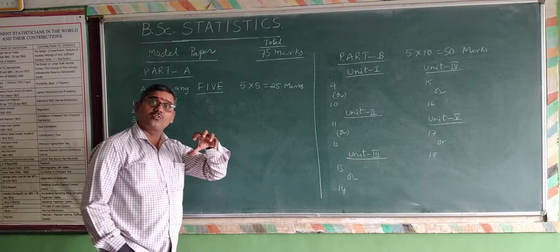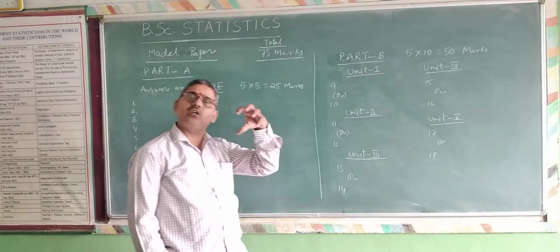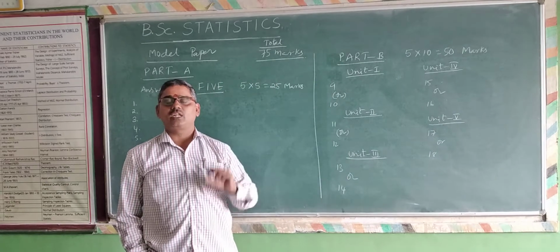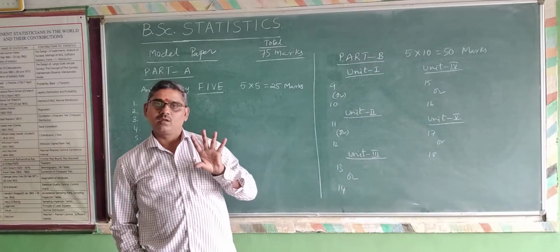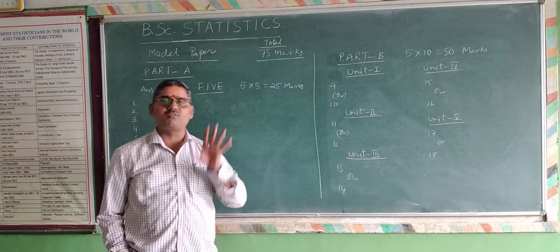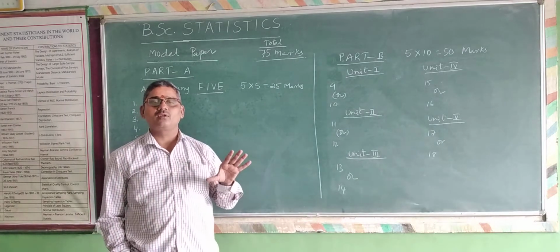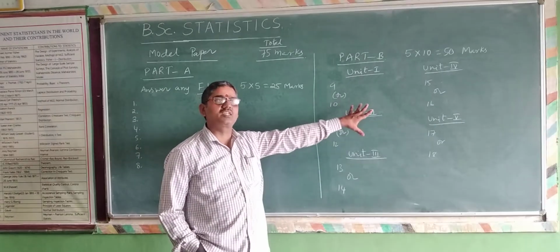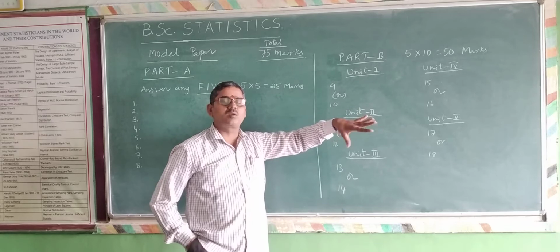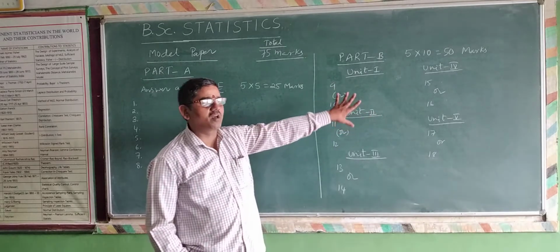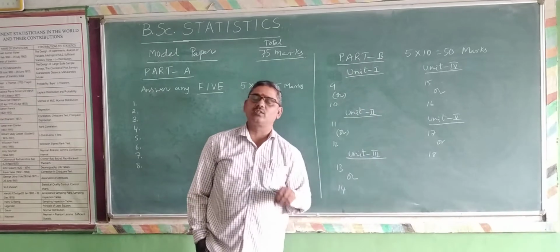Now, to get more than 70 to 80%, you take one more unit, that is 4 units. Whichever unit you feel is difficult, you leave that unit. By taking 4 units, at least 4 multiplied by 3, 12 questions, up to 14 or 15 questions, you prepare from the 4 units.